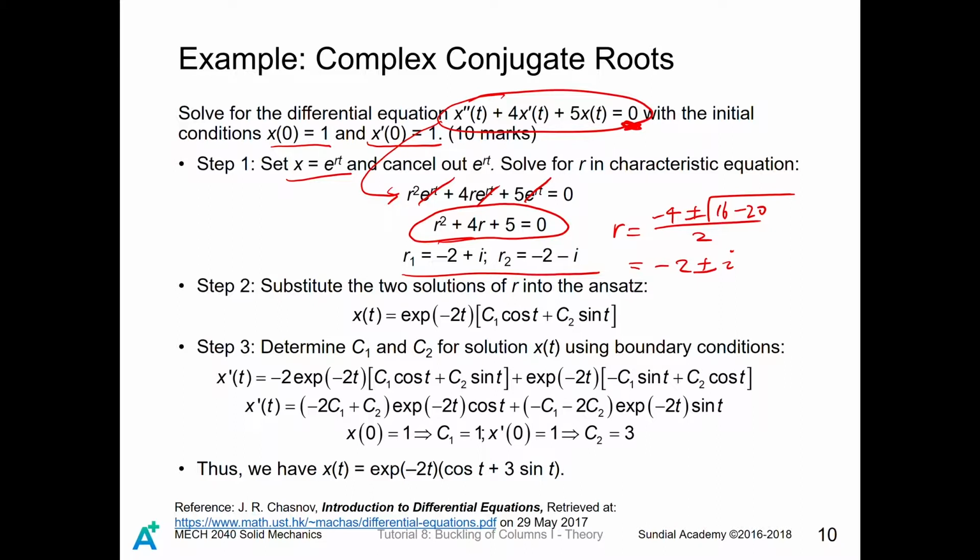Once you get r equals minus 2 plus or minus i, some of you might think you could have a solution x(t) equals C1 e to the power t times (minus 2 plus i) plus C2 e to the power t times (minus 2 minus i).